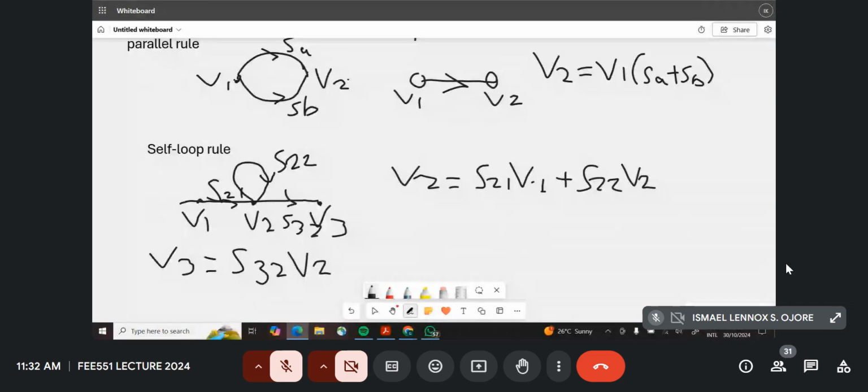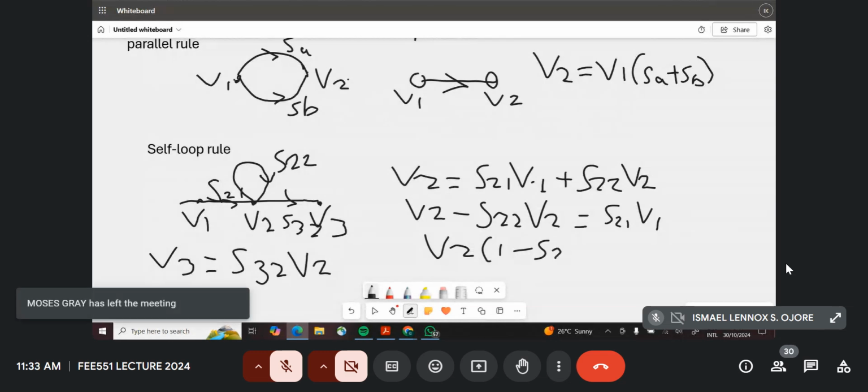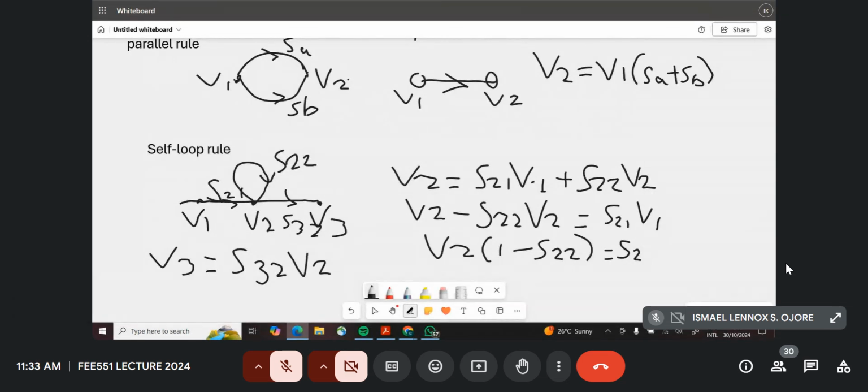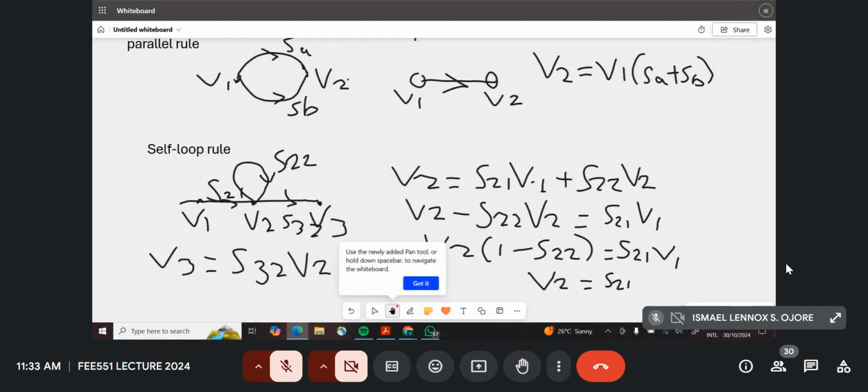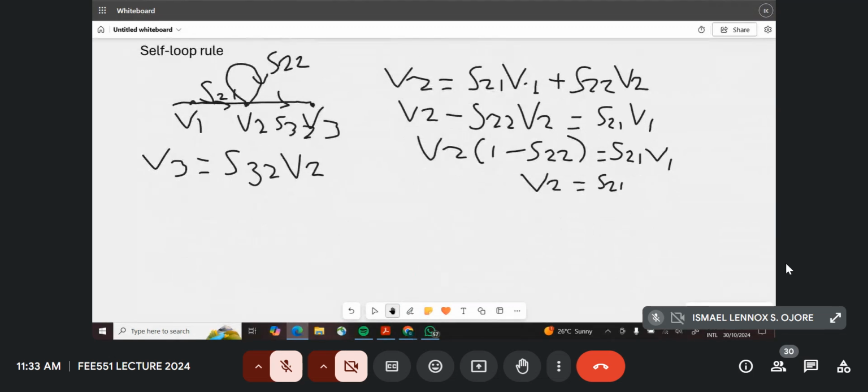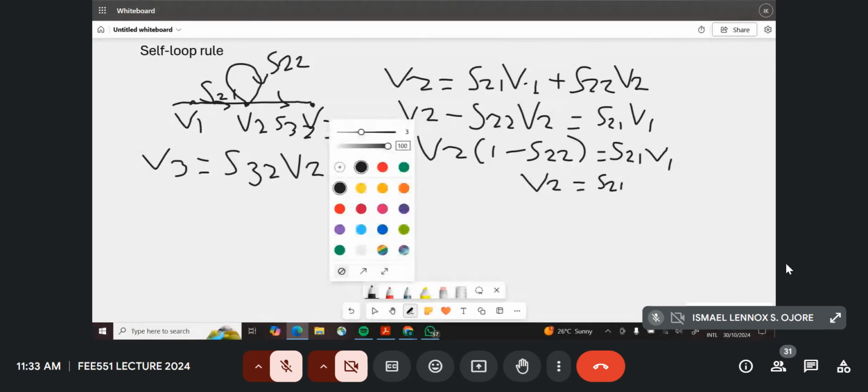So combining the terms together, V2 will be S21 V1 over 1 minus S22.